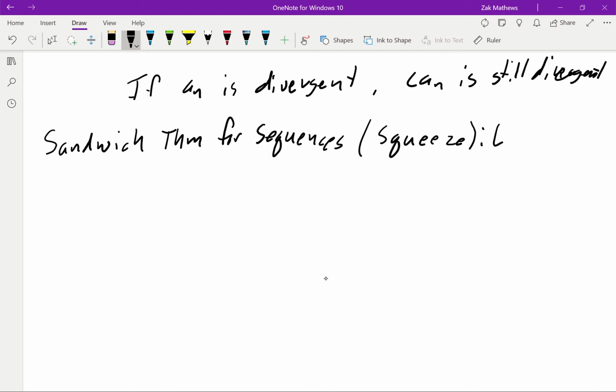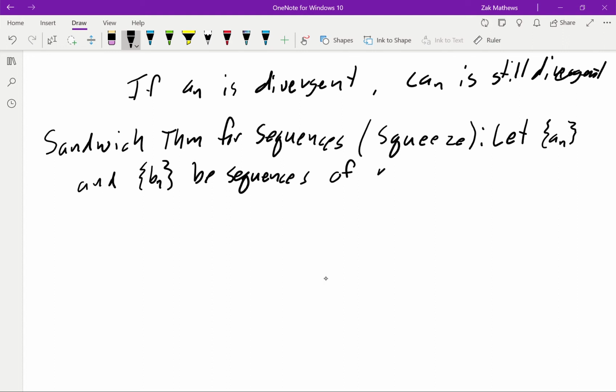And it states, let An, Bn, and Cn be sequences of real numbers.